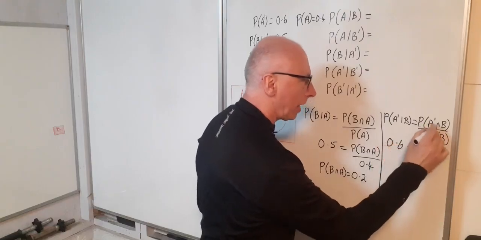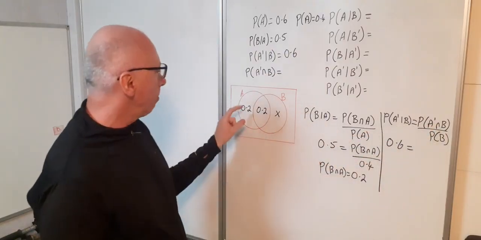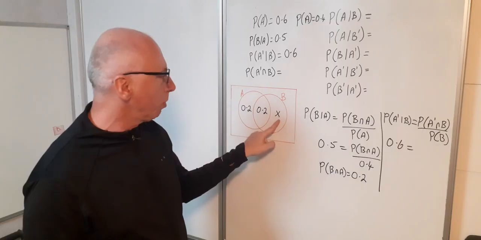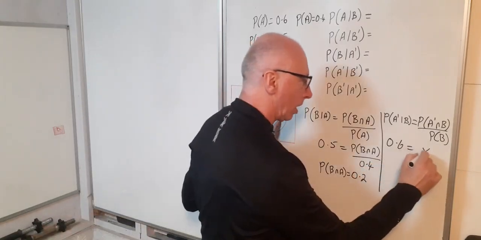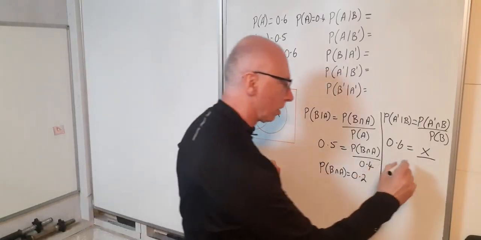And that would equal that intersection, so not A intersection B, that there will be X. And then the probability of B is X plus 0.2.